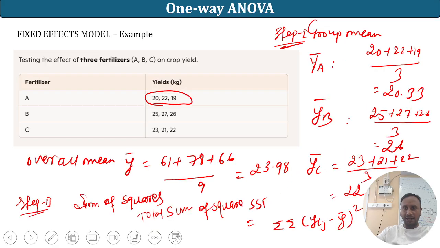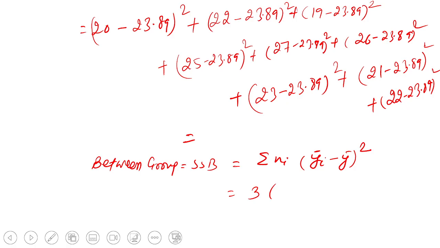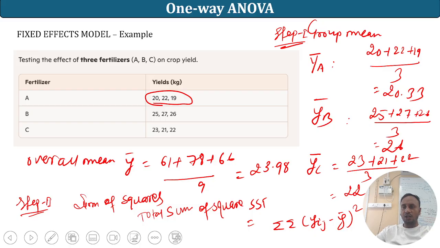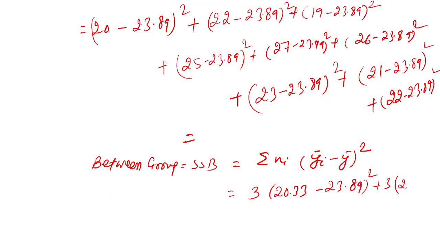What is the group mean? First one is 20.33. 20.33 minus 23.89. In the second group, how many do we have? Three. The average is 26, so 26 minus 23.89 whole square.